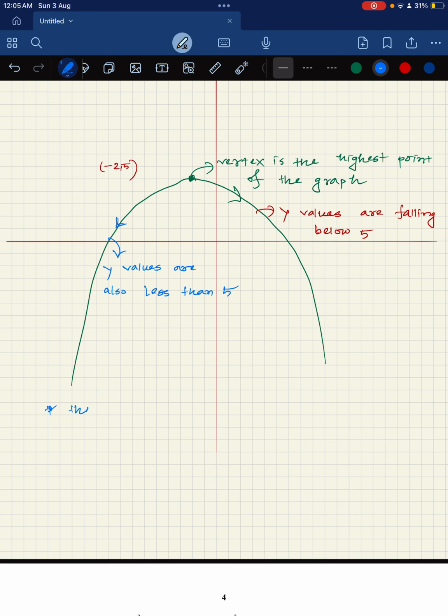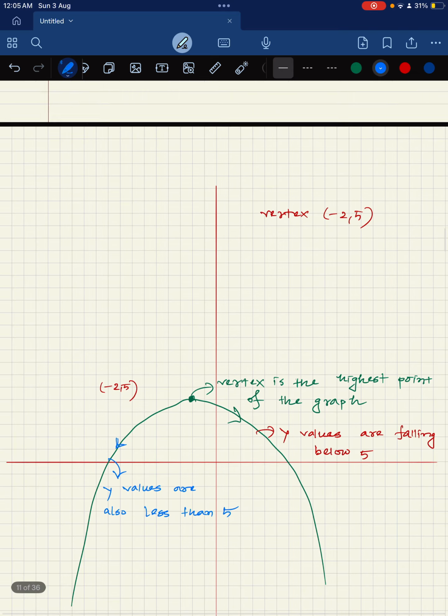So the range is not x, actually y. That y is less than 5.